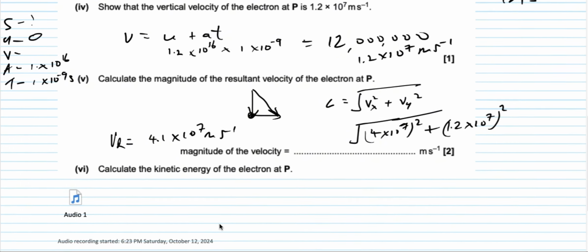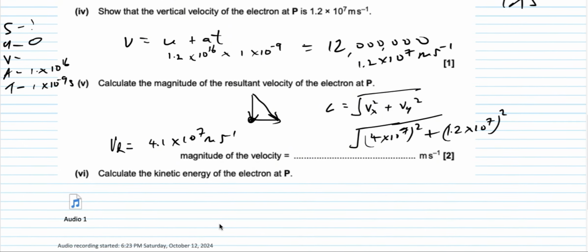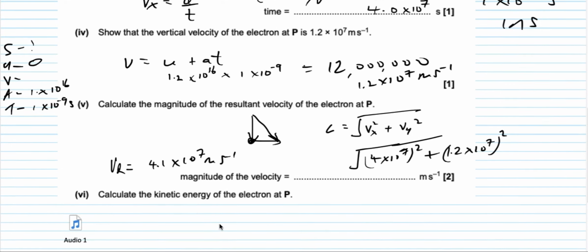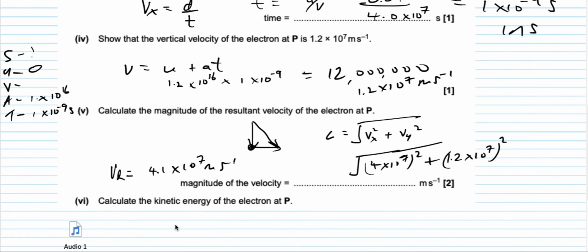Now, as for the kinetic energy, we would literally use the equation that says KE is equal to a half mv squared. Seeing that we want to find the kinetic energy not just along the horizontal or the vertical, we have to use the resultant velocity.